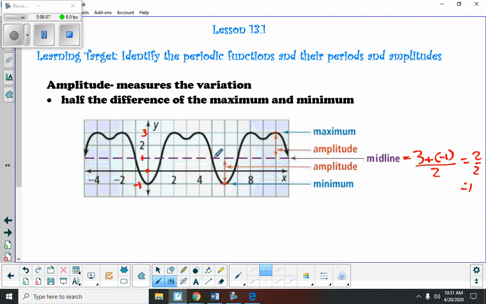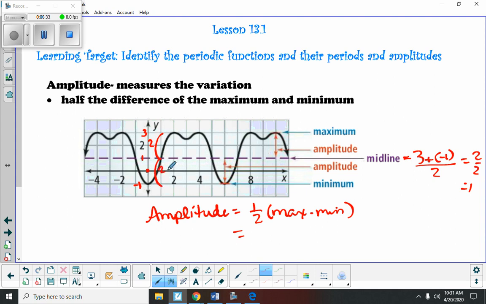And then the amplitude, the formula for that, it's 1/2 of the maximum minus the minimum. Okay, so basically we're going from 3 to -1. That's 4 units, and half of 4 is 2. So what we're saying is from the midline, this is 2 units, and this is 2 units.